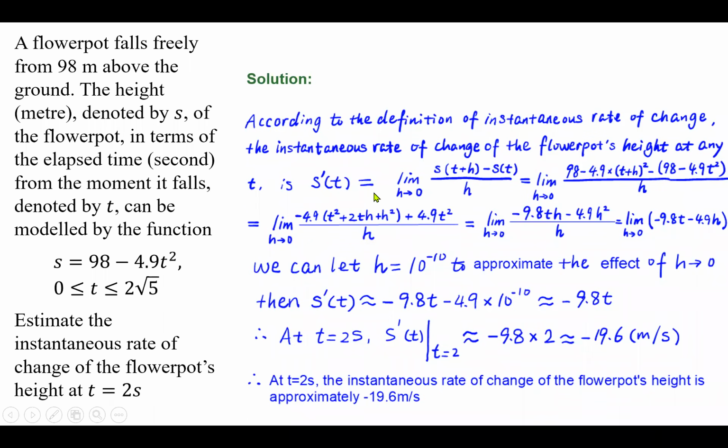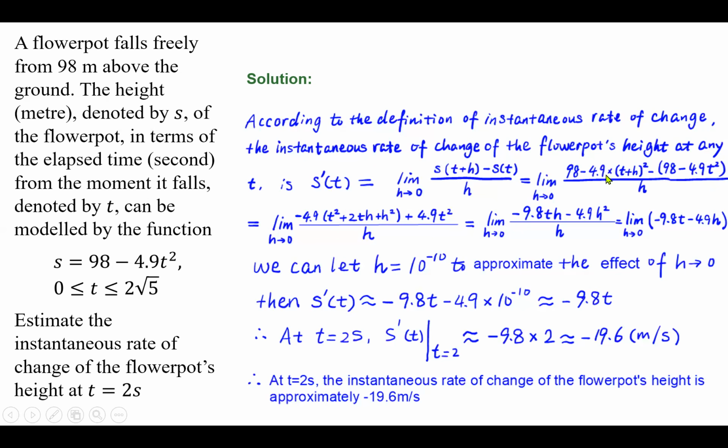This is by definition the limit of s(t+h) minus s(t) divided by h as h approaches 0, right? Then we can insert t plus h into the expression of s. So that gives us 98 minus 4.9 times (t+h) squared minus s(t). s(t) is 98 minus 4.9 t squared.